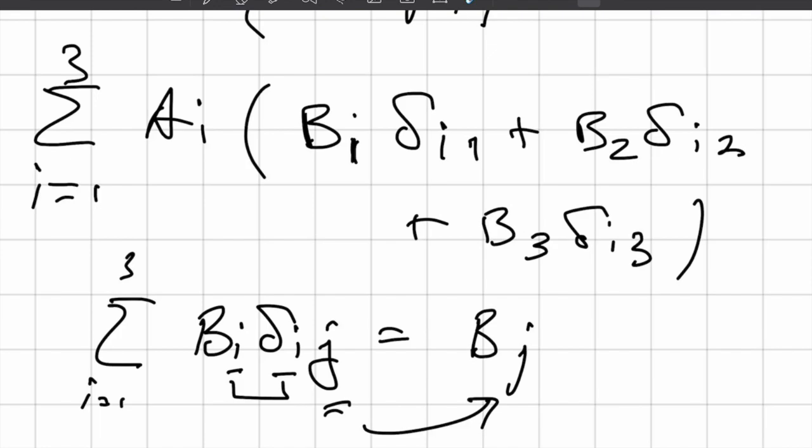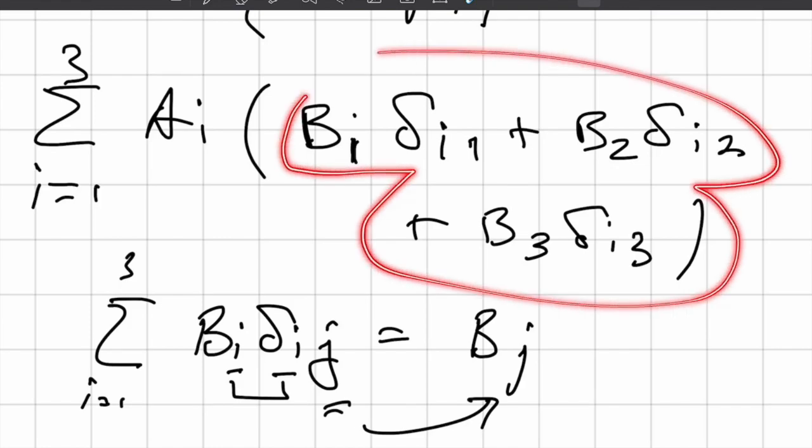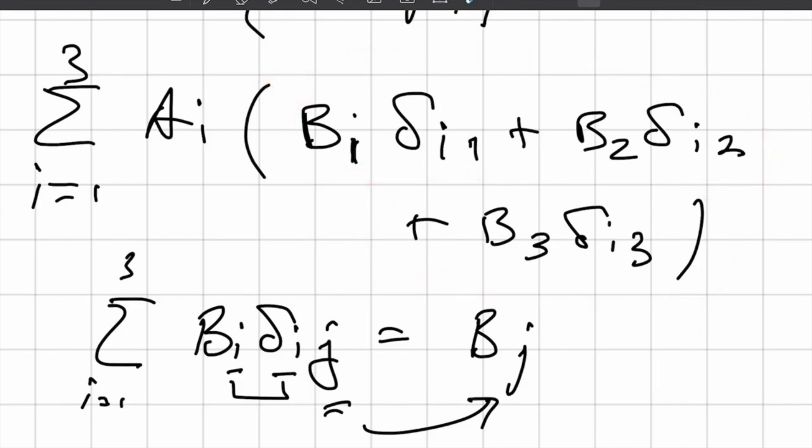In fact, you're only going to keep the terms in which I equals J. So what we're going to realize here is that while this exists, when we do the sum over J, let's say I had Bi delta ij, okay?